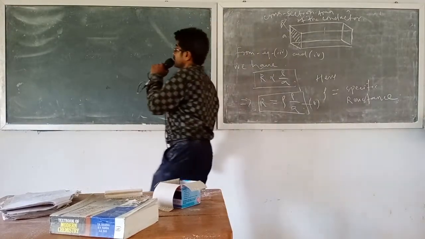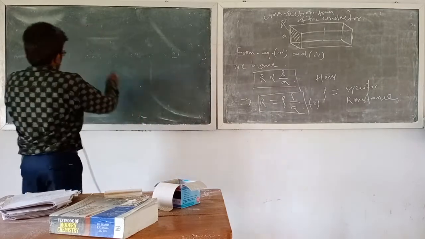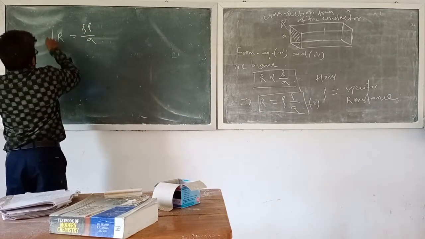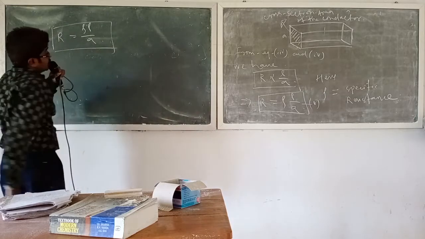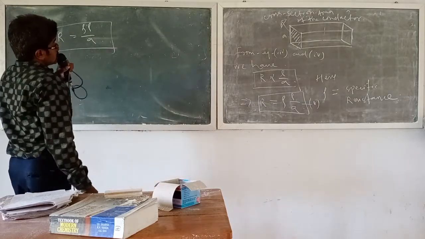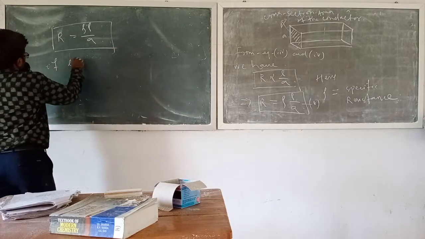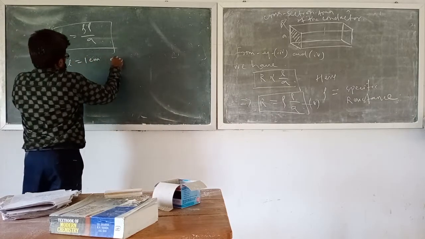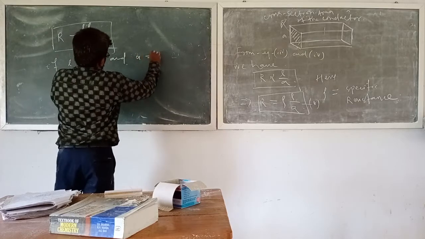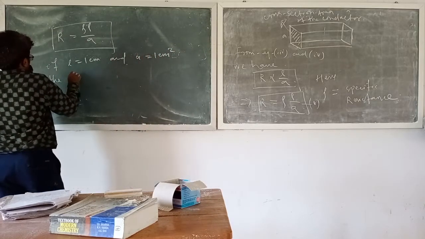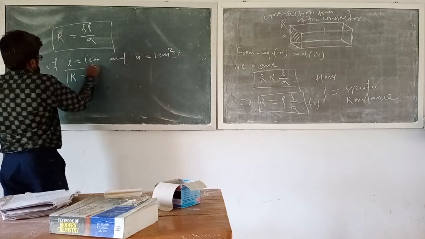So we got the resistance equal to rho L by A. So rho is the specific resistance. If L equal to 1 cm and A equal to 1 cm square, then R equal to rho.